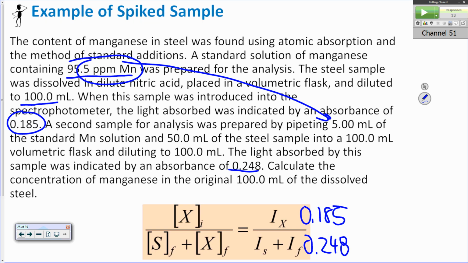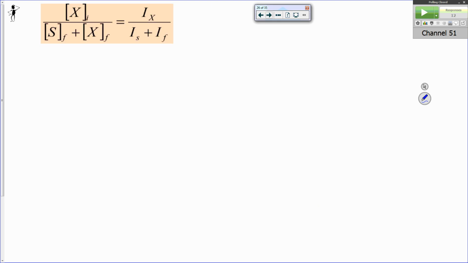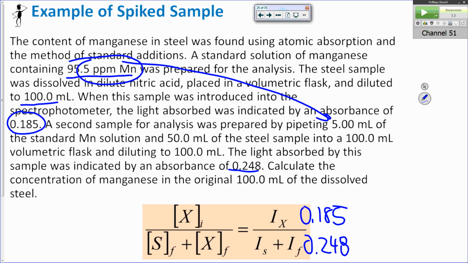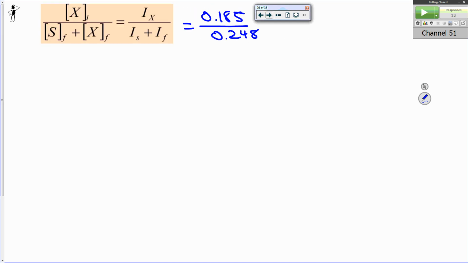So my ratio is 0.185 and 0.248. Okay, so first thing, up here, this is X. This is what I'm looking for, the concentration of X. I've got to realize what's on the right-hand side is nothing but a number.